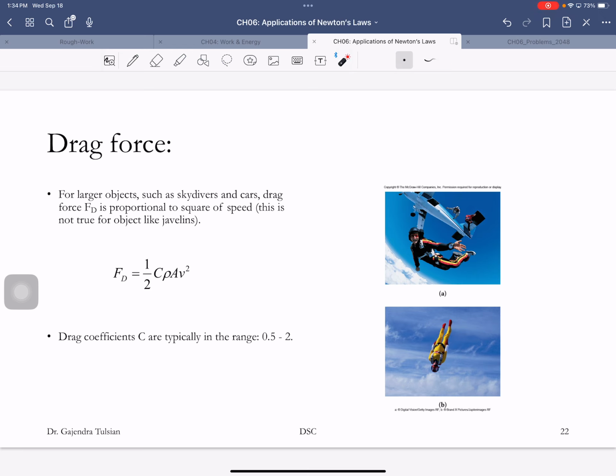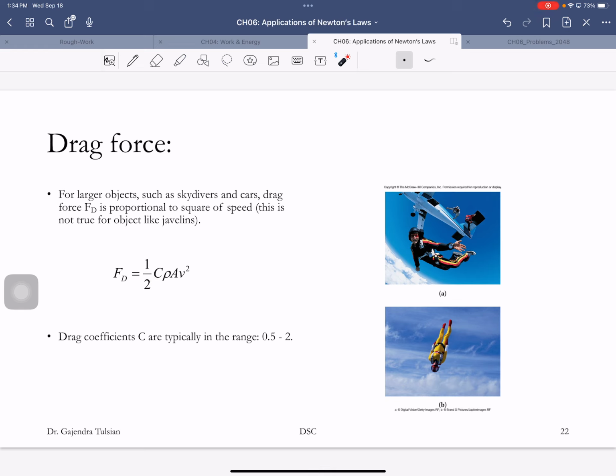For large objects, the drag force is proportional to the speed squared. C is the drag coefficient, and for aerodynamically shaped objects, C is smaller. Okay. So C for a Tesla car is smaller than for a UPS truck.